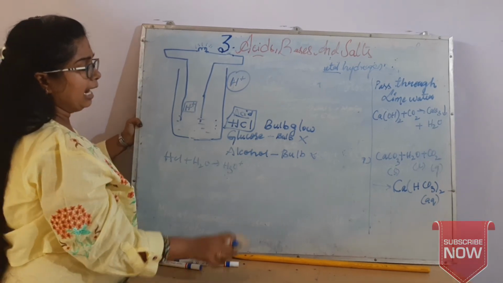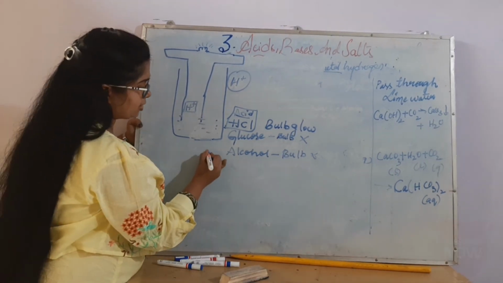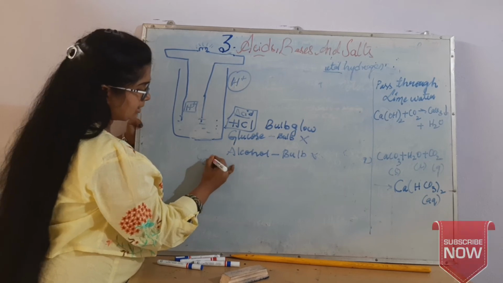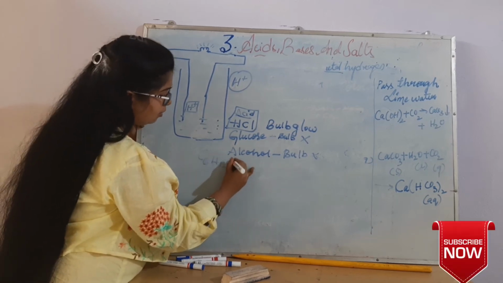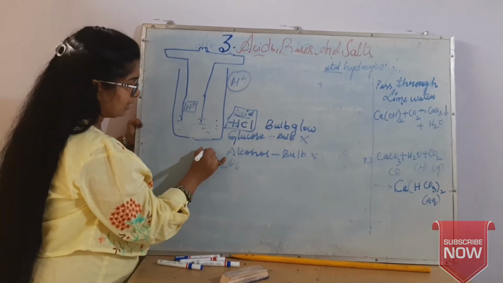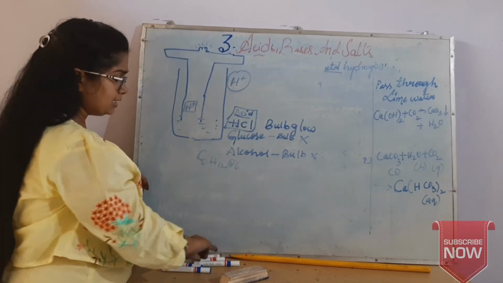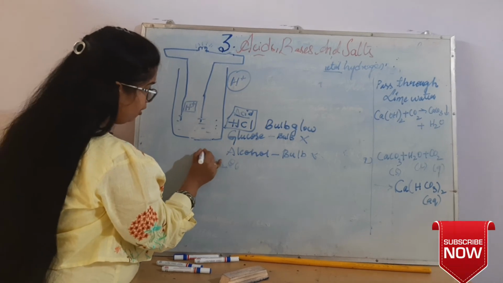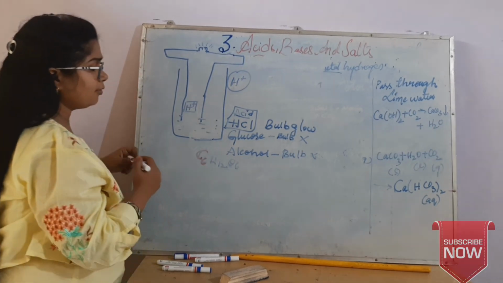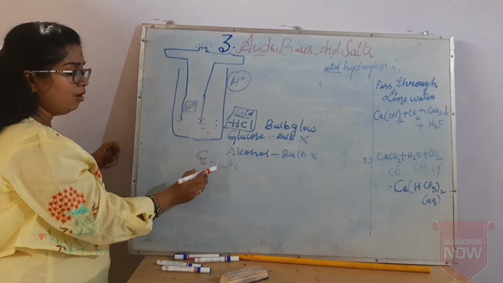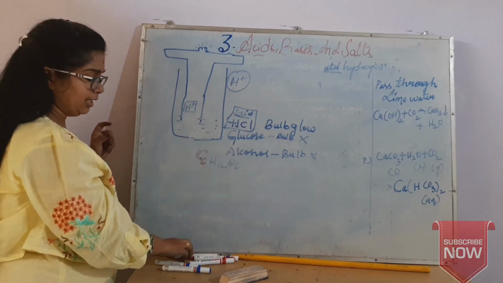In the case if you add glucose, C6H12O6, are they going to glow? No, they are not going to glow, because there are no positive hydrogen ions in that.